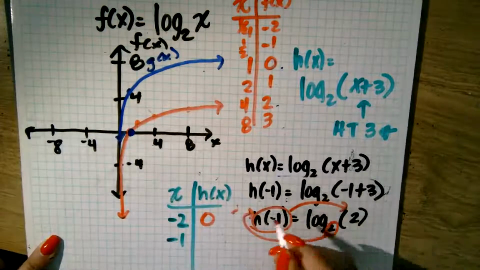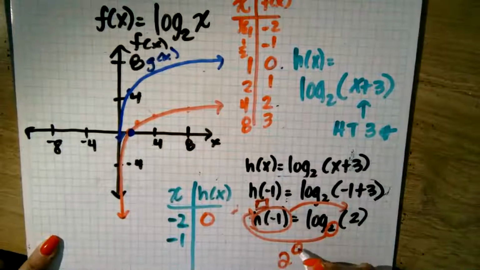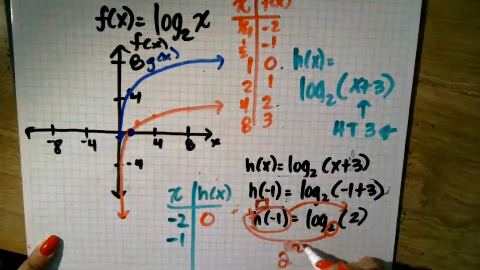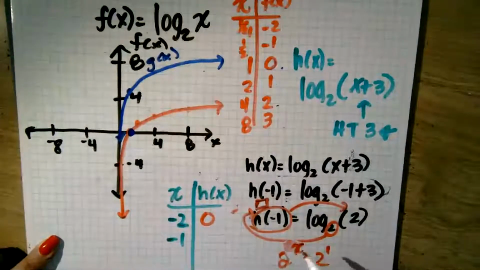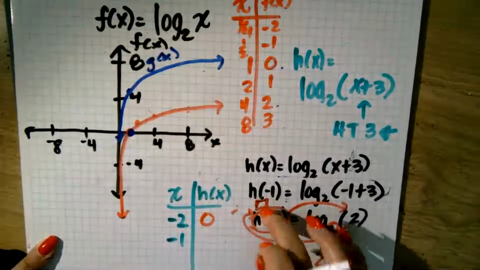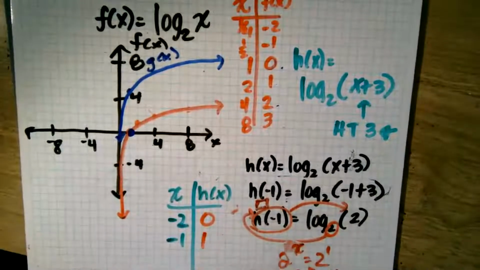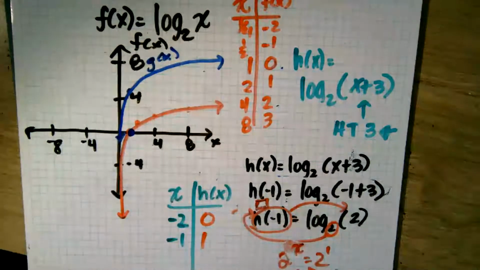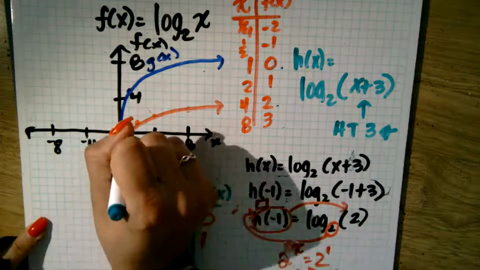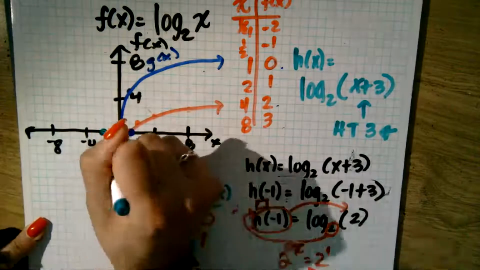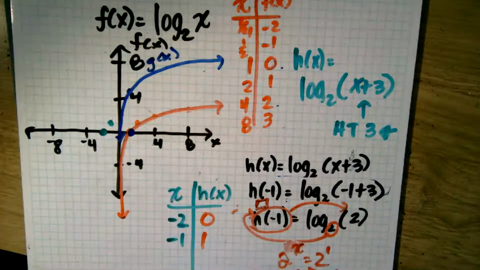This is just the label, but I'm still looking for that value. That's going to be 1. So h of -1 is equal to 1. Let's see what we get so far. I have (-2, 0) and (-1, 1).